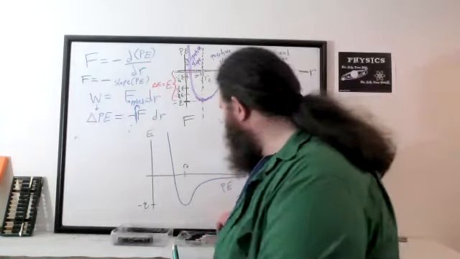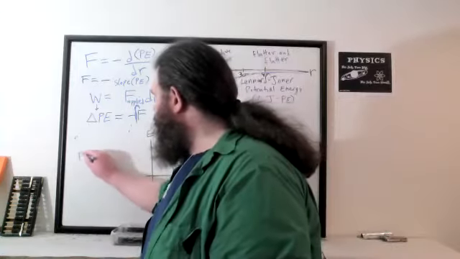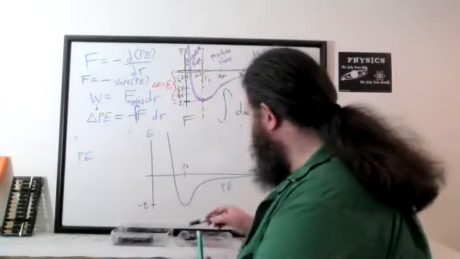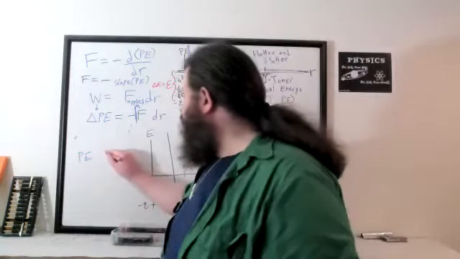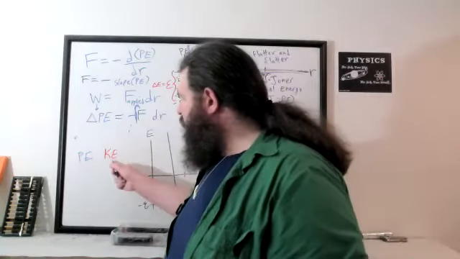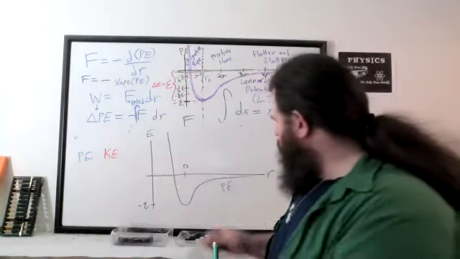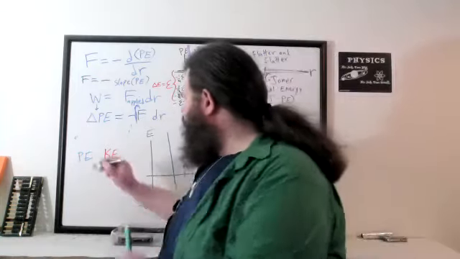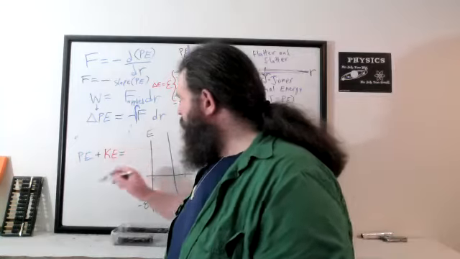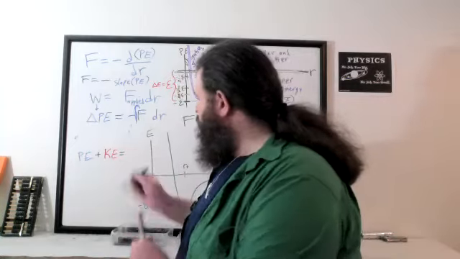And if we have potential energy, and we also have the atoms having kinetic energy, and this is just going to mean the total kinetic energy of both atoms as they move, we can say potential energy plus kinetic energy is the total energy.